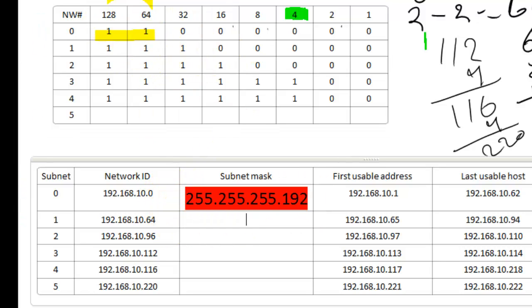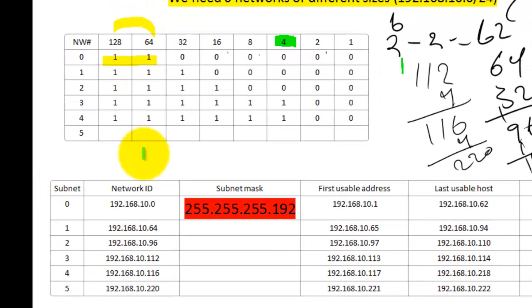Now for the second one, which is this one here, it has 1 1 1, which is 3 ones. That's slash 27. Here 128 plus 64 plus 32 would be 224.